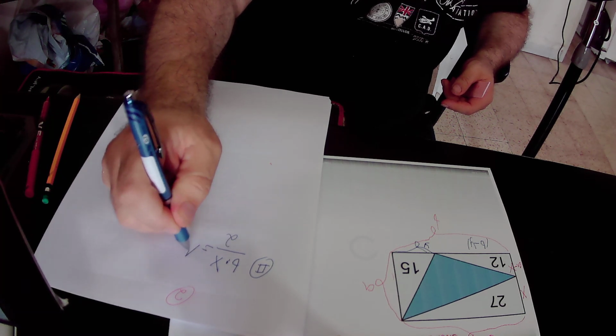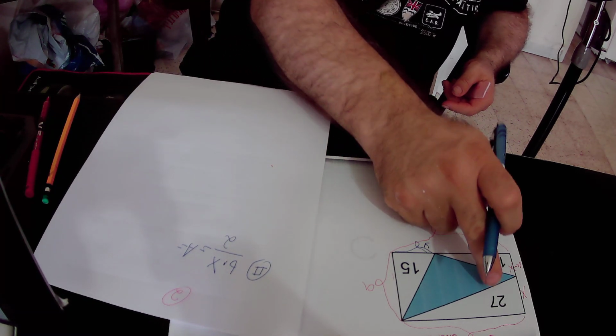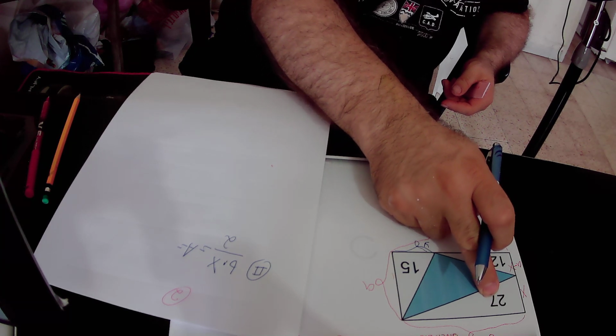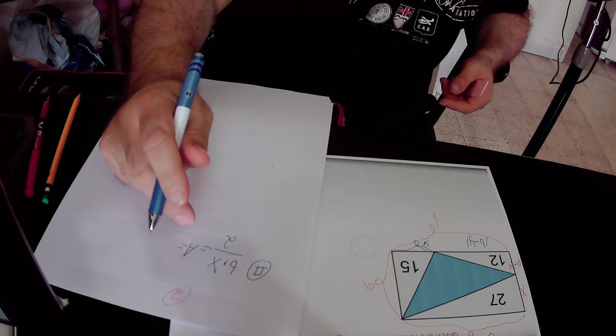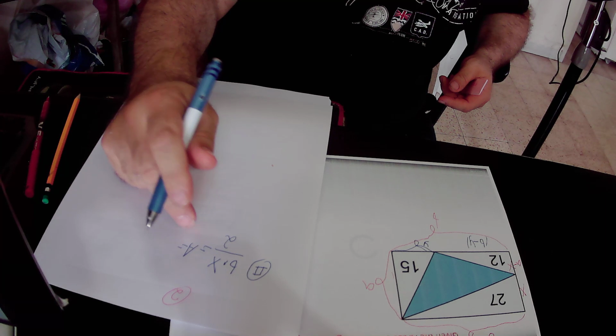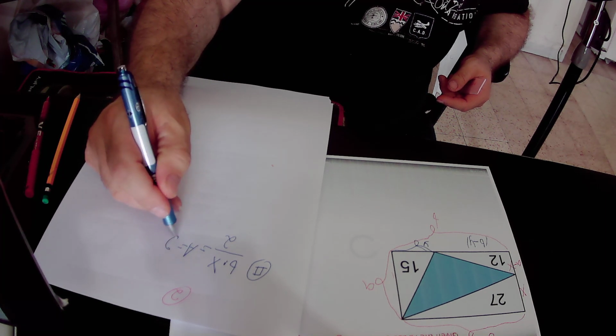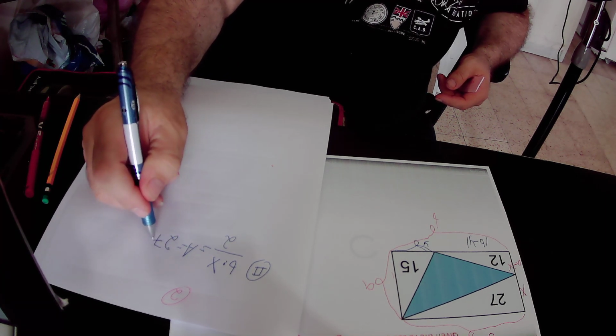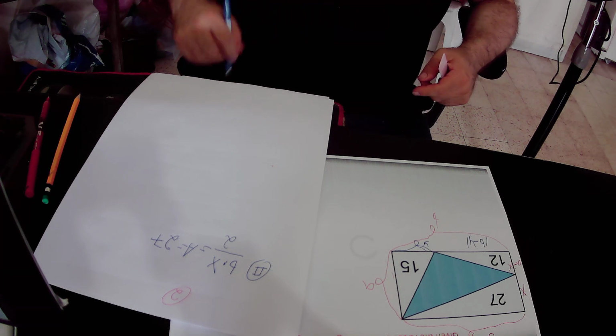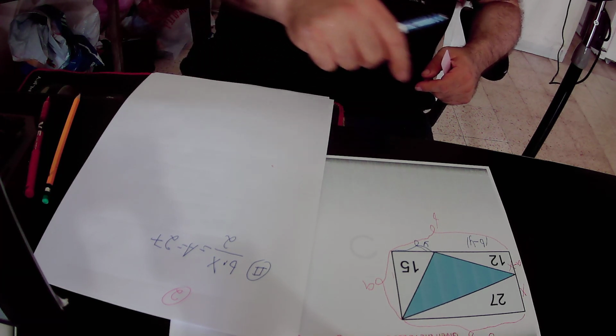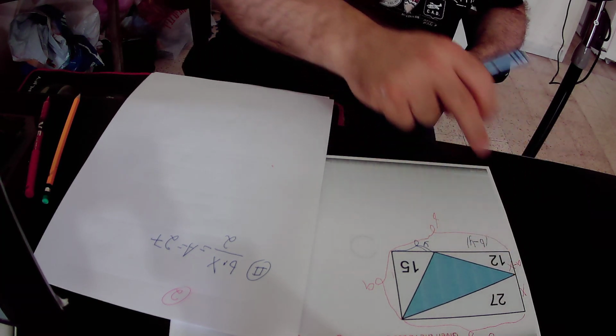This is the area of this triangle, but we already know that the area equals 27 units. So this is our second equation.